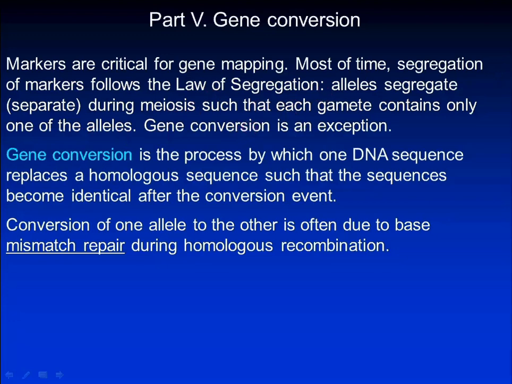Gene conversion is a process by which one DNA sequence replaces a homologous sequence, such that the sequences become identical after the conversion event. Conversion of one allele to the other is often due to mismatch repair during homologous recombination.